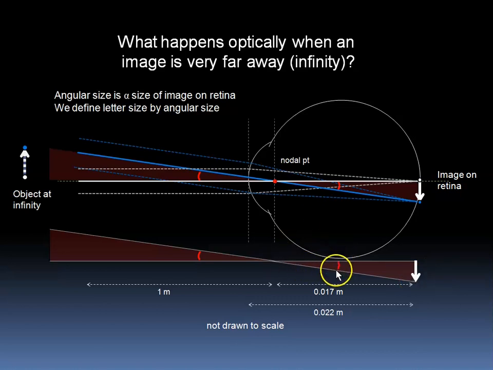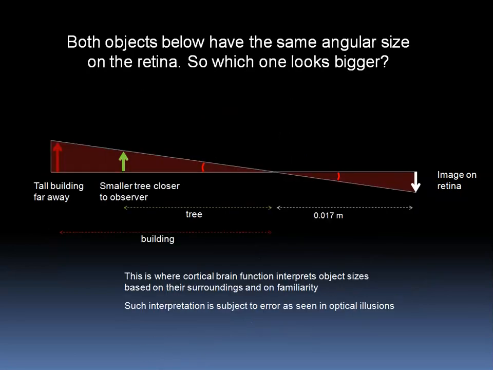If we know the visual angle here, and we know the distance from the nodal point to the image, we can calculate using trigonometry the actual height of the image on the retina. What is important here is the concept of visual angle. Both objects below have the same angular size on the retina.